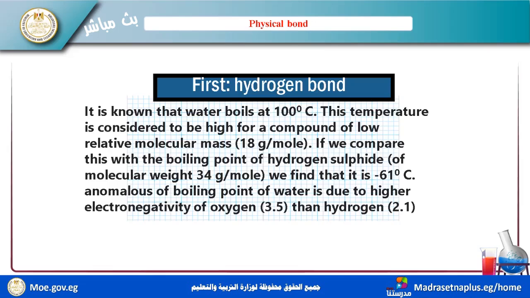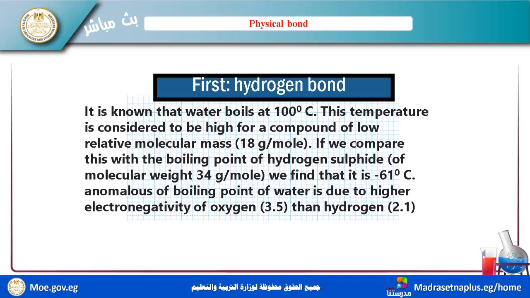Next, the electrostatic force of attraction between the two ions forms the bond. The difference in electronegativity between these ions is more than 1.7. By increasing the difference in electronegativity between these ions, the strength of the ionic bond increases.